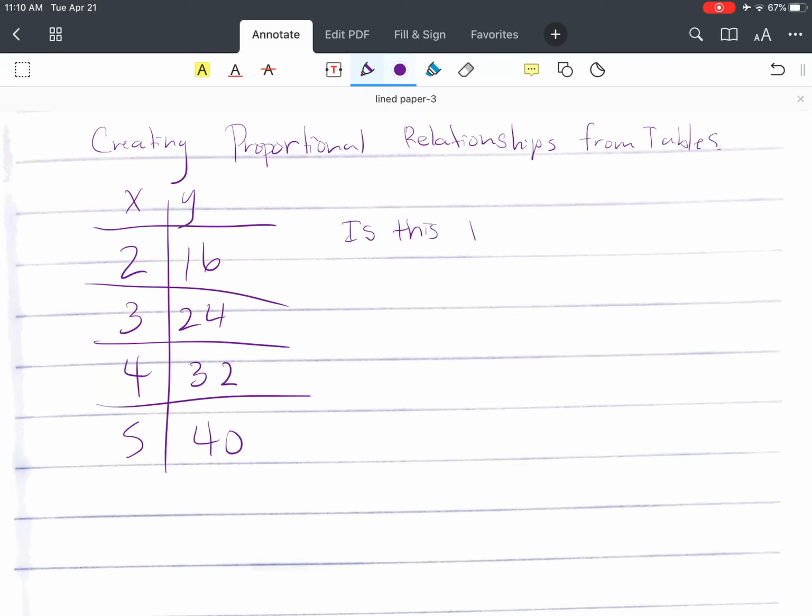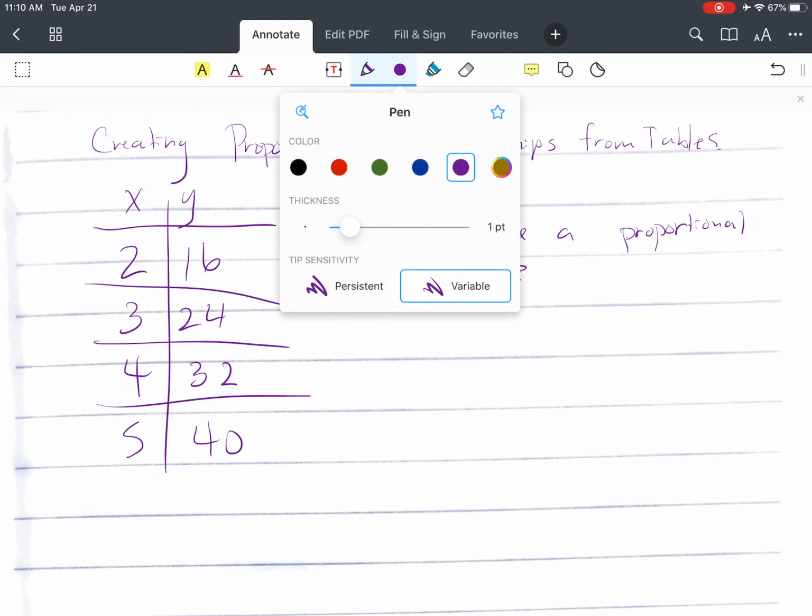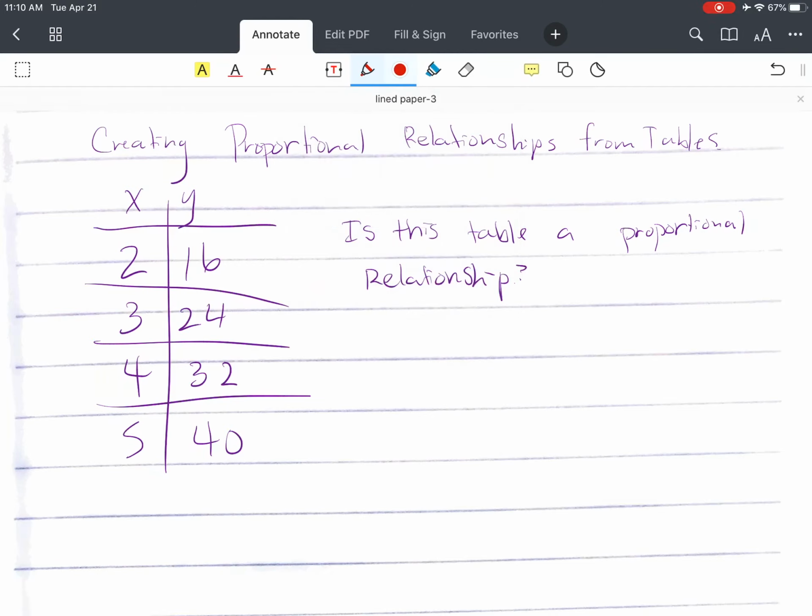So we're asking ourselves, is this table a proportional relationship? In order to check if it's a proportional relationship, what you need to do is divide the y by the x, okay? So let's take a look at the first pair.